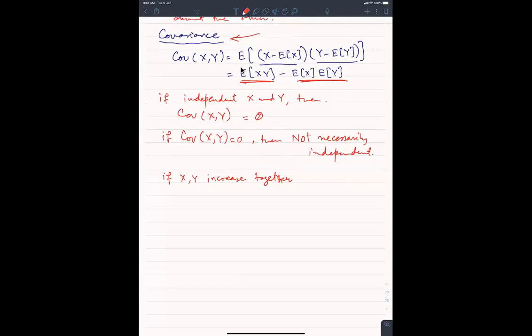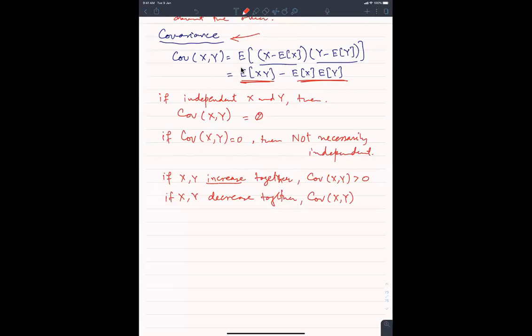if there is a covariance between the two, if there is a relationship between the two, if they both increase together, then the covariance of x and y is greater than zero. If x and y decrease together, then is the covariance between x and y greater than zero or less than zero?